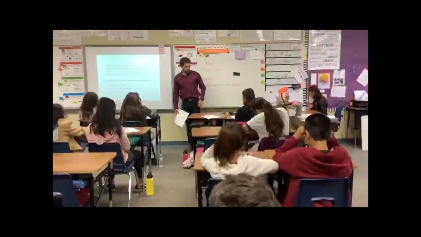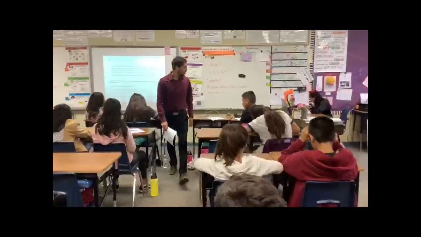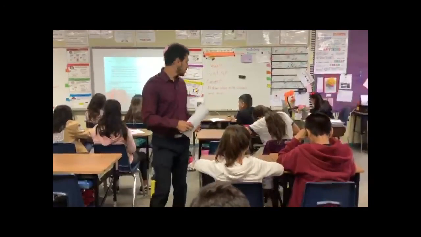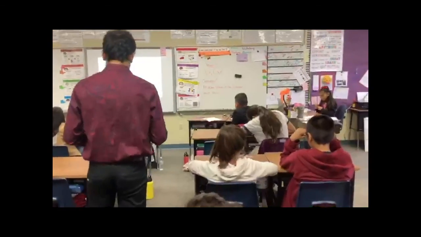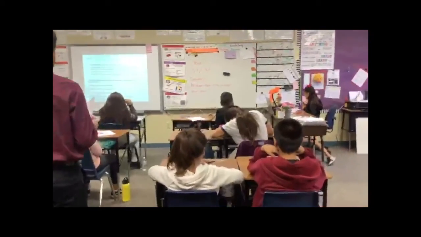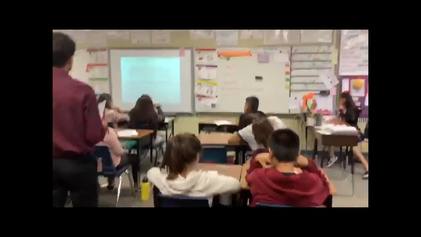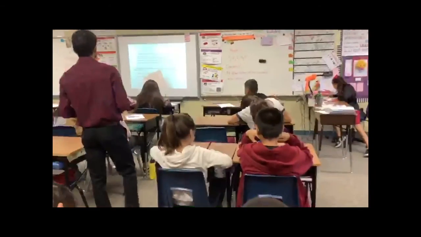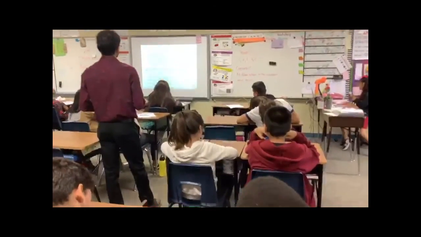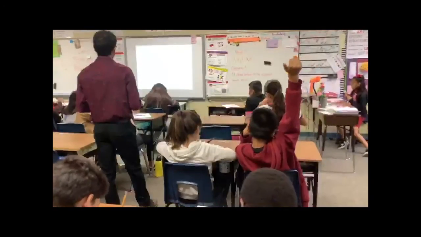The singular noun was library, so I underlined that. And the plural noun I found was computers. And I put it in brackets because that's what it says right here.